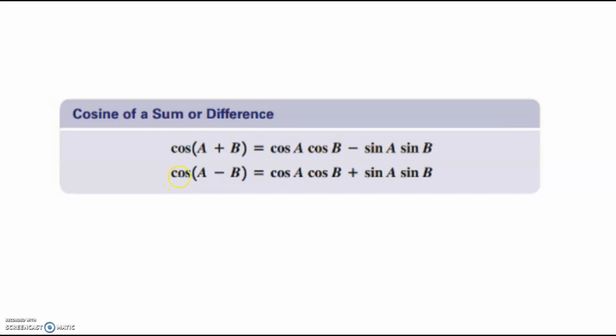And so vice versa, if you wanted to do the cosine of two angles being subtracted, then it'll be the cosine of the first angle times cosine of the second angle plus, again, the signs are different, the sine of the first angle times sine of the second angle, okay?